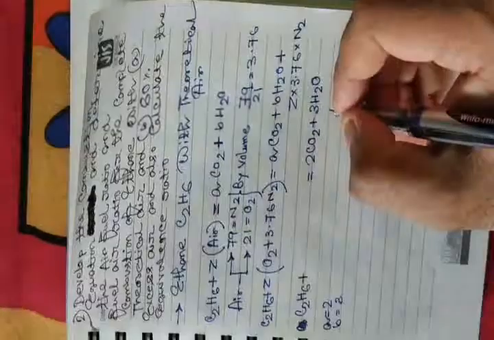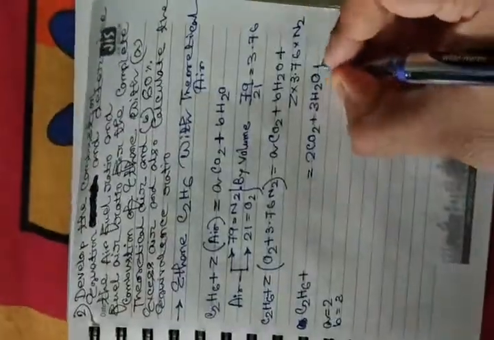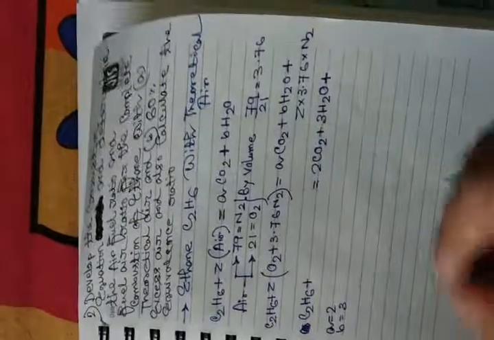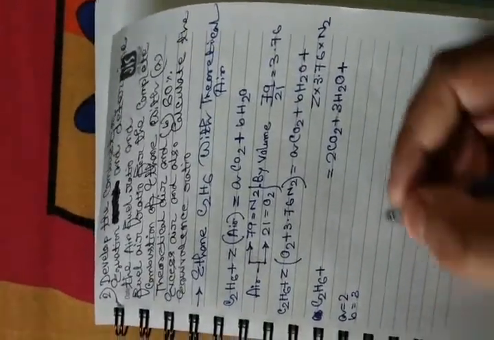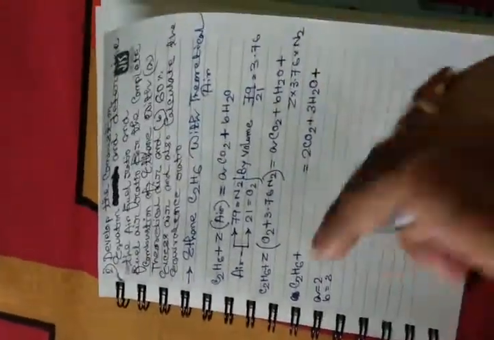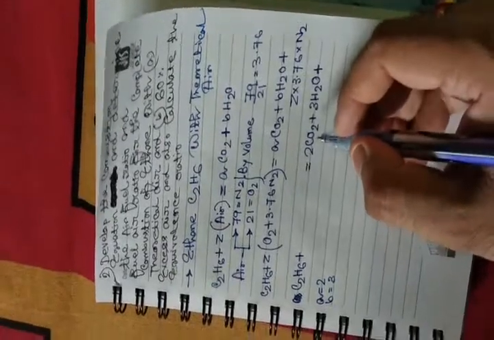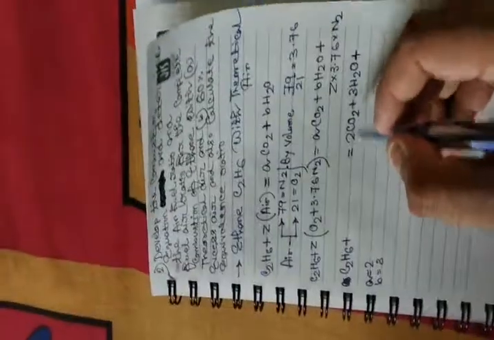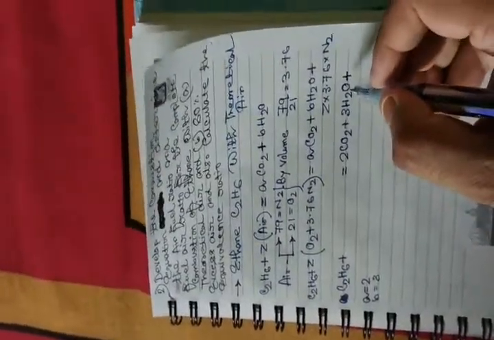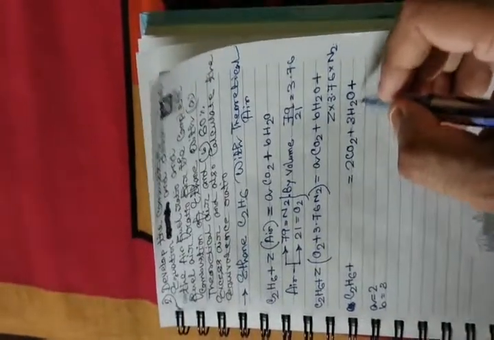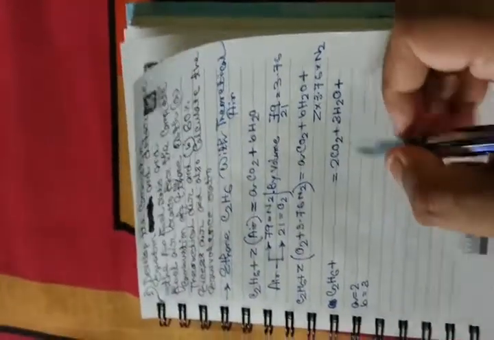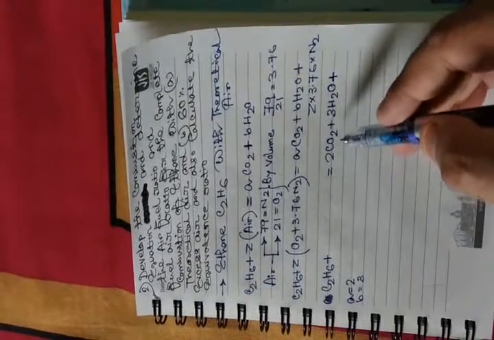Now for O2, from here 2 into 2 is 4 plus 3 is 7.